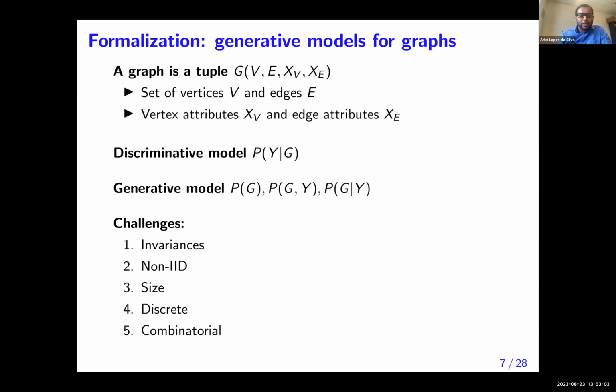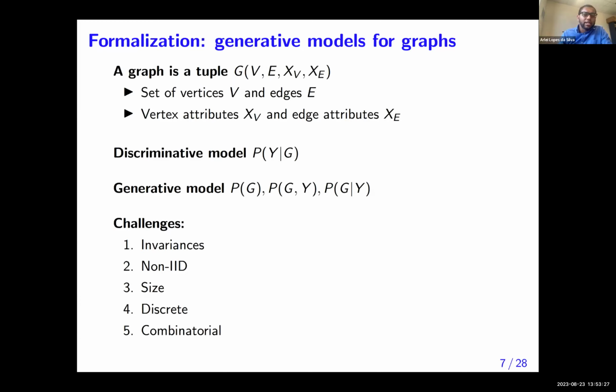That is a challenge in a lot of cases. Also, graphs are non-IID, meaning that each node in the graph is not independent from each other. There are correlations between these vertices, and then you have to model that, and sometimes that becomes a challenge. You can think of a node in a graph as a pixel in an image, and there are correlations between the pixel and the neighborhood of that pixel.